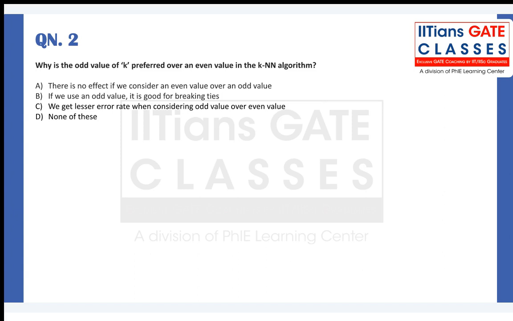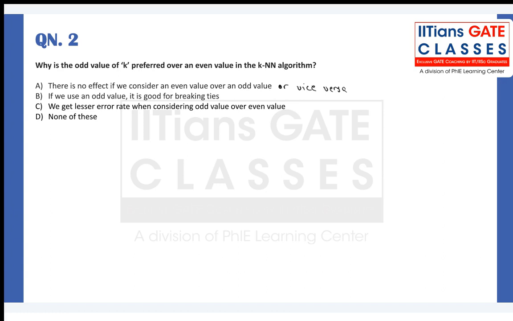Why will you prefer an odd value of k compared to an even value of k? Okay, so this option would be or vice versa. So option A says there is no effect if I choose an odd or an even value. We get a less error rate when considering odd value over even value.